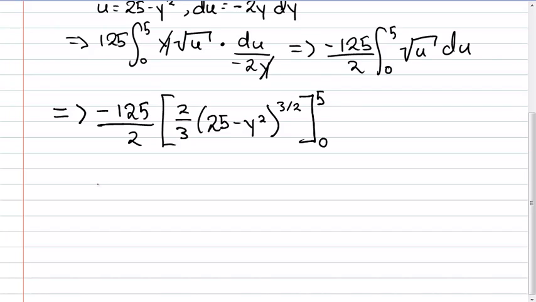I'm going to skip some details again, but when you plug it into the calculator, you're going to get positive 5,208.333, and it goes on. Which, don't forget, you subtracted integral 2 from integral 1.